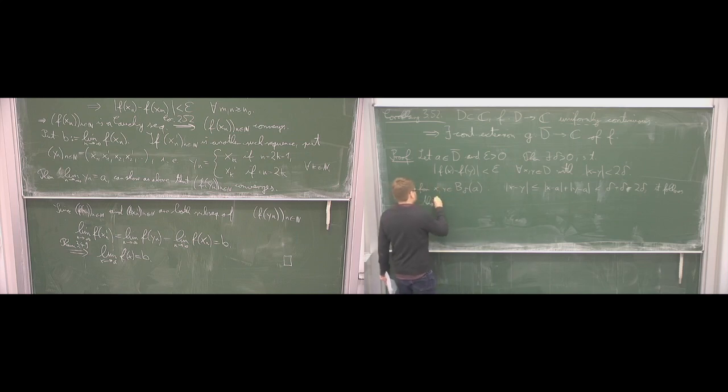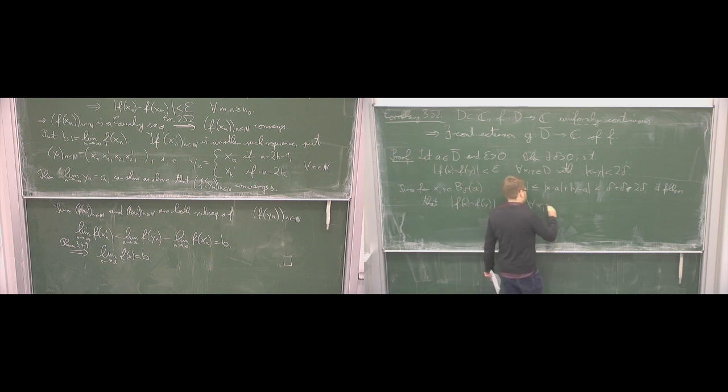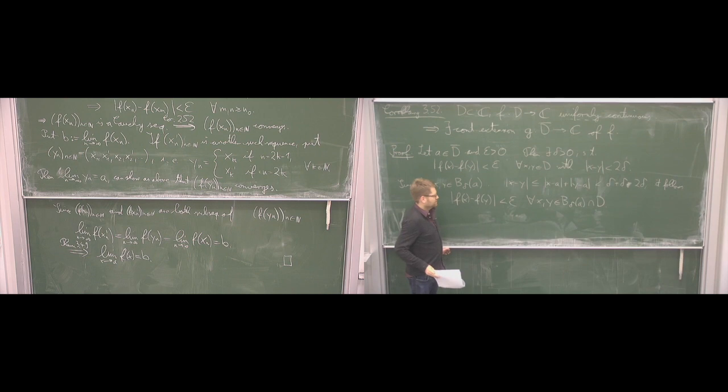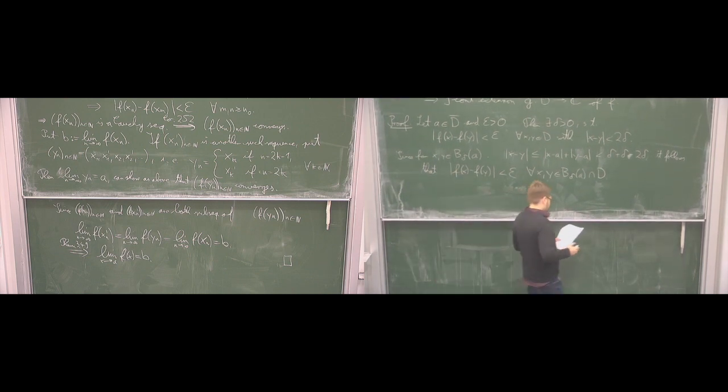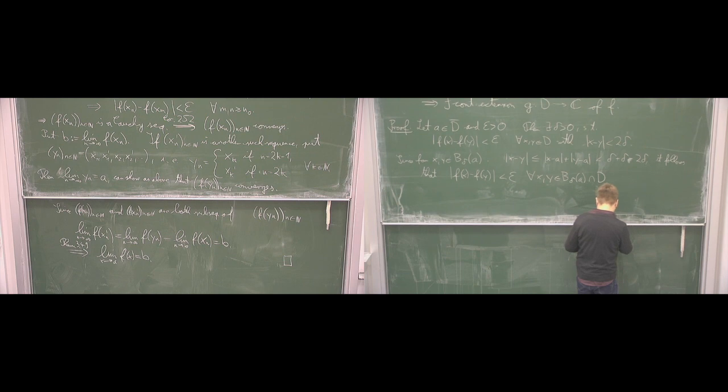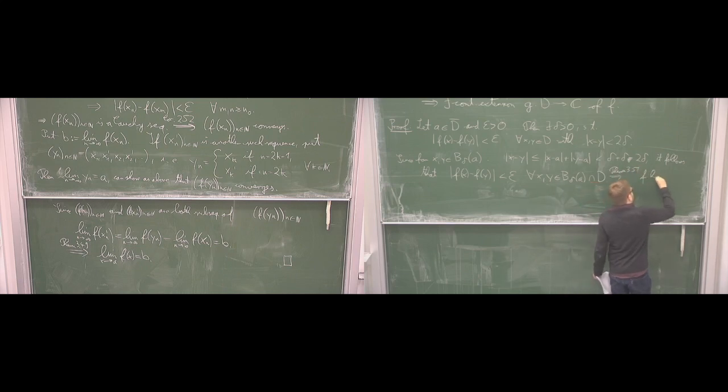Since this holds, it follows that the absolute value of f of x minus f of y is smaller than epsilon for all x and y in B delta of a intersected with D. And this shows the claim, because this is now the theorem I just proved, theorem 351: f has a limit in a, since epsilon was arbitrary and we found a suitable delta, and so on.